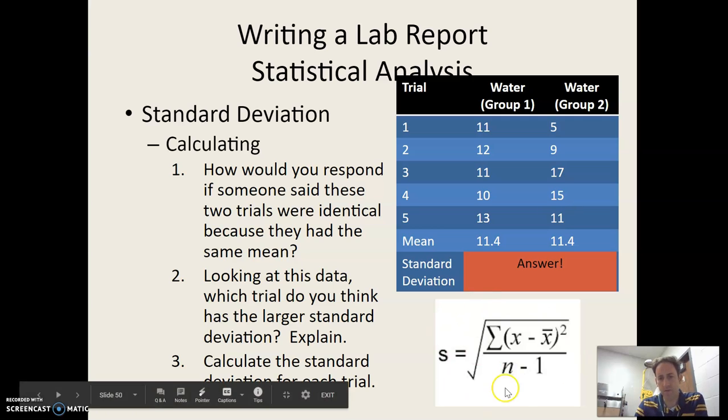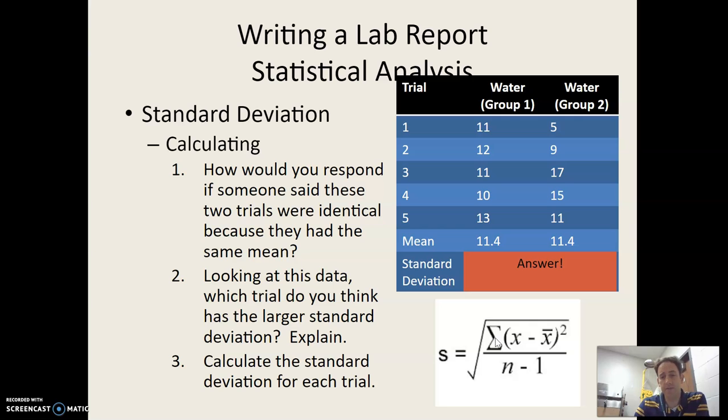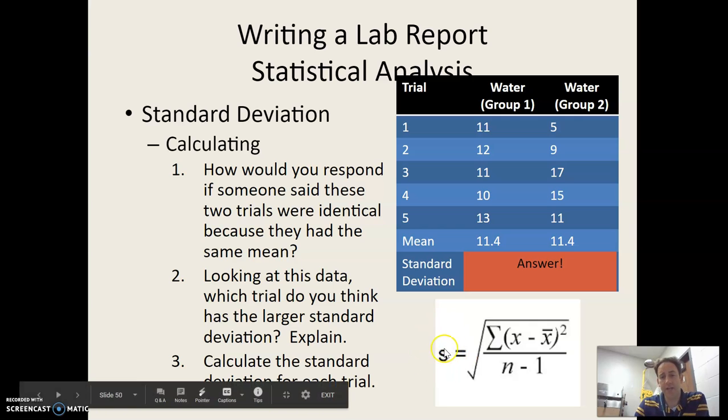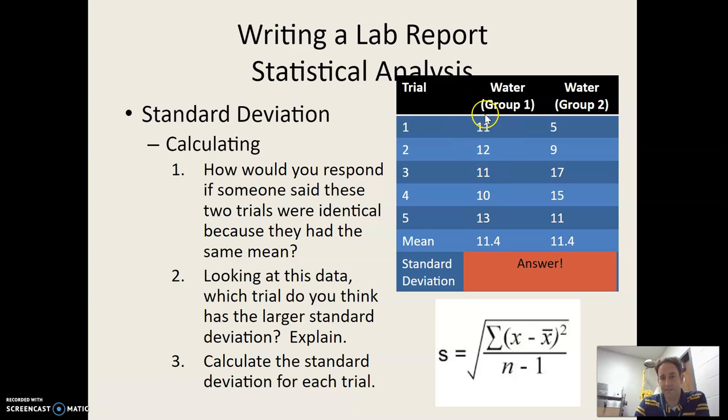So you're going to use this formula, and again, you get this on the AP test, you get this for our unit exams, you don't need to memorize this, but you do need to know how to use it. The standard deviation, S, is equal to the sum of X minus the average, squared. Since there are 5 data points, these are the X's.